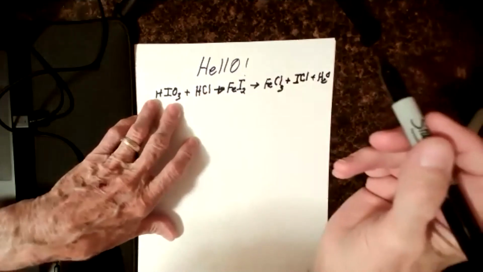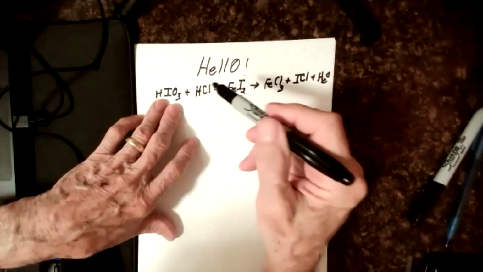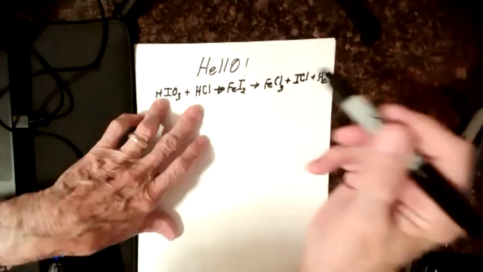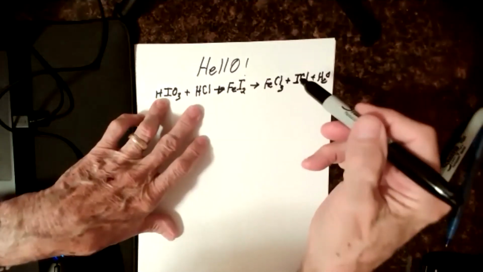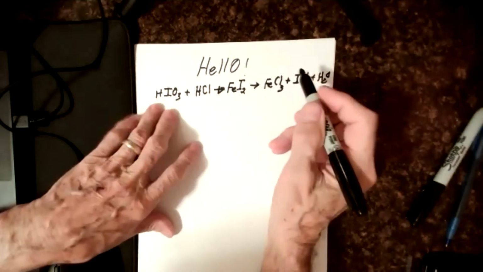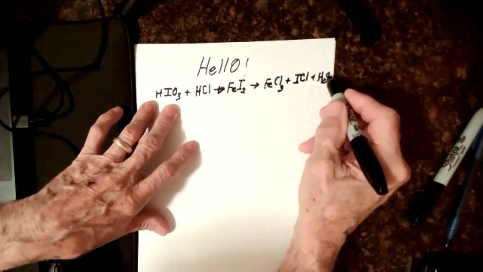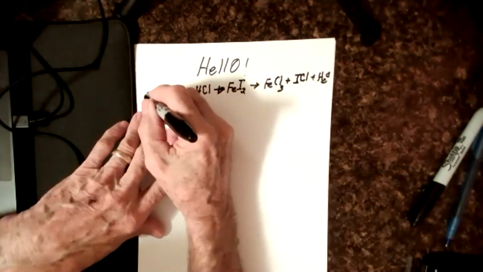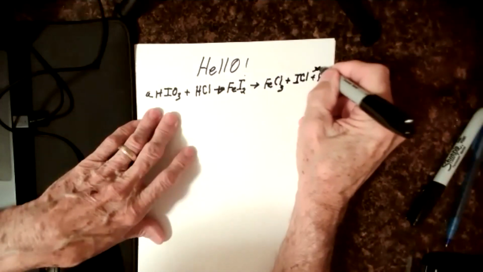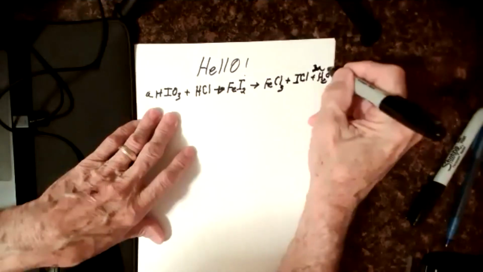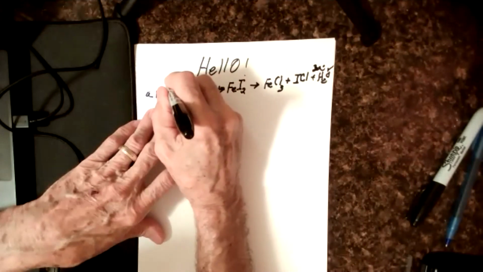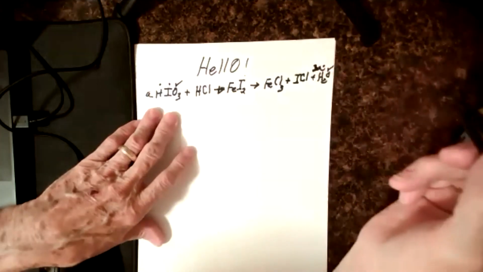Hydrogen's in more than one, I can't do hydrogen. Iodine is in two different places, I can't do iodine. I could do chlorine. No, I can't. Chlorine's in two places in the product. So the only one I can start with really is oxygen. To balance oxygen, if I put an A right there, I would need a 3A over here. That balances oxygen, and sets up iodine and hydrogen.